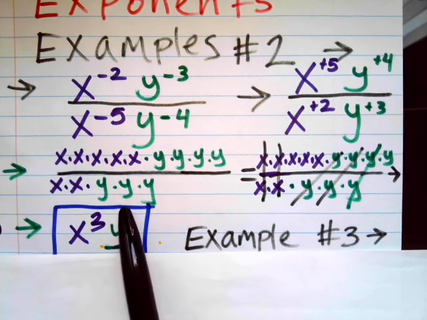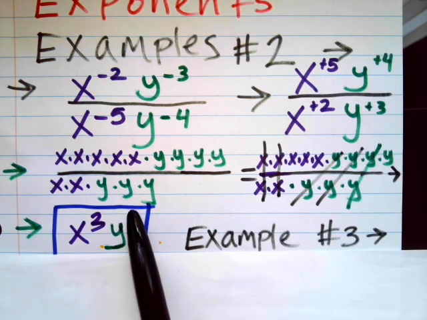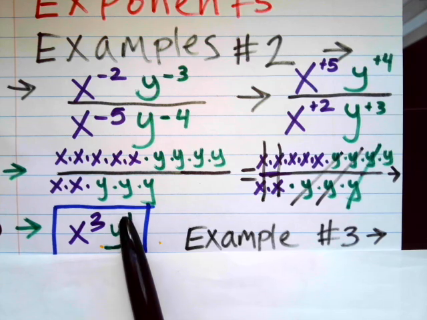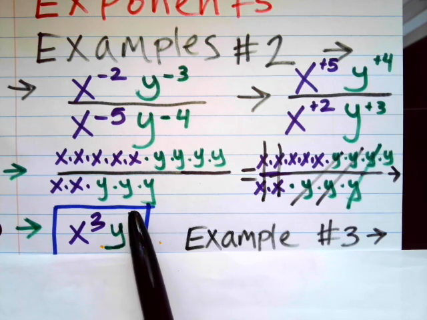Now, did I need to include that 1? Many times in your answers, you will not see it. Is it okay to put a 1 value here? Absolutely. This is that invisible one I've talked about. And again, most of your answers you'll see is x cubed times y to the power of 1, but they won't show that 1.